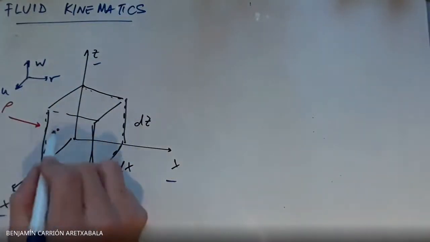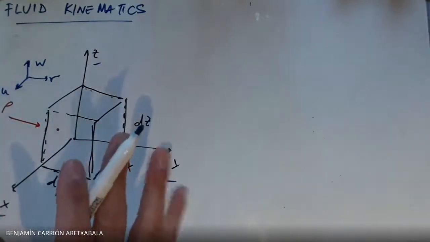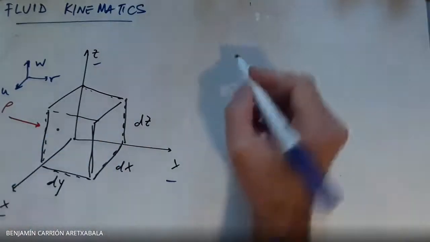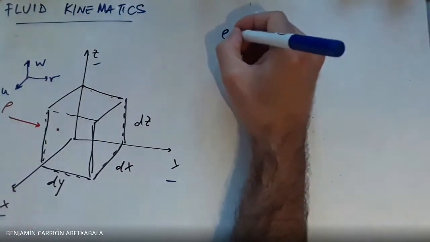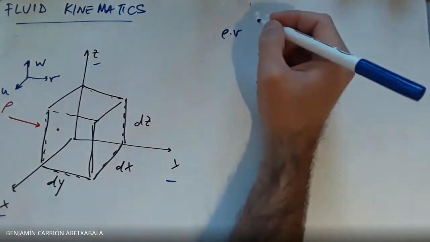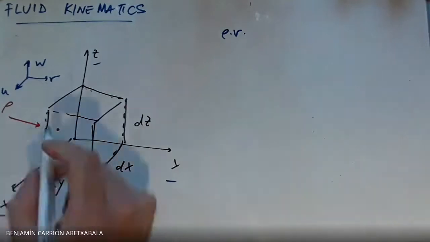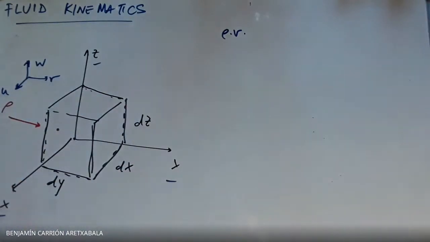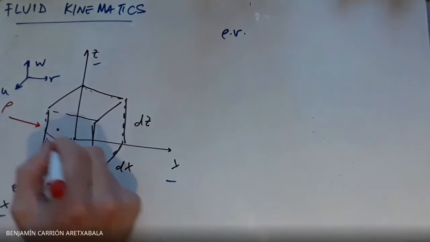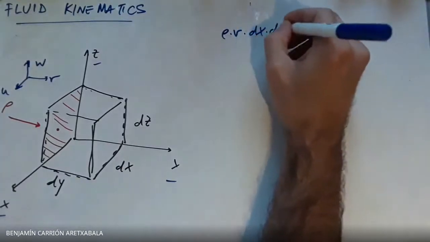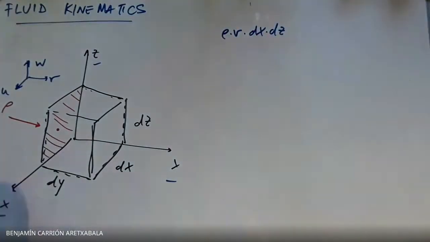So at this face, at one particular time, the mass coming in is going to be equal to rho times v, times the area of this square, which I'm going to highlight in red, which is dx dz. So that's the mass coming in.